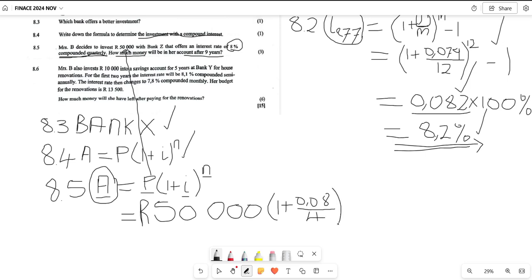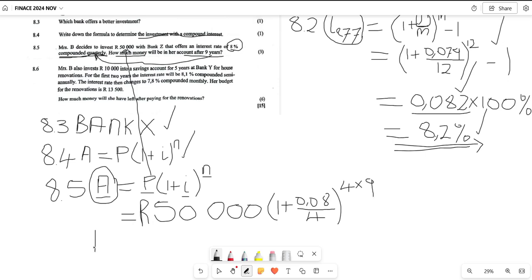Close bracket. Then the investment takes 9 years. How many quarters, how many 3-month periods, do we have in 9 years? To get that, we start by asking how many quarters do we have in a year? We have 4 quarters. Then 4 quarters per year, we multiply by the number of years for this particular investment, in this case 9 years.